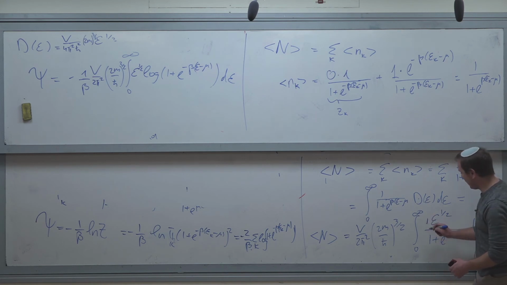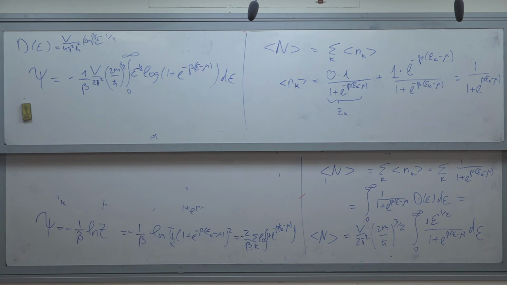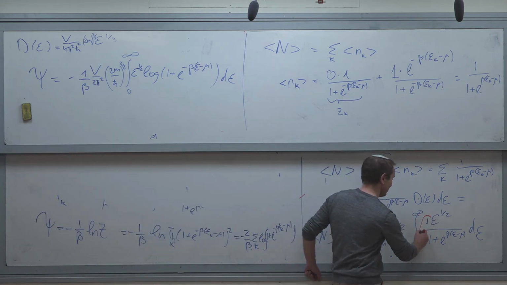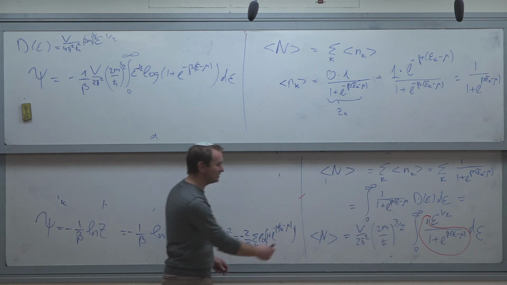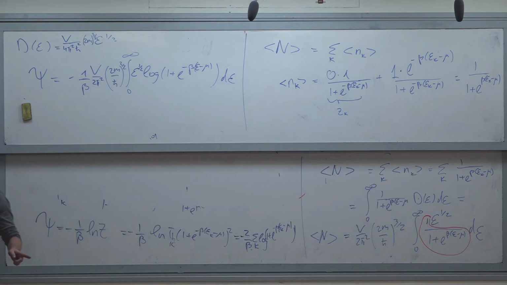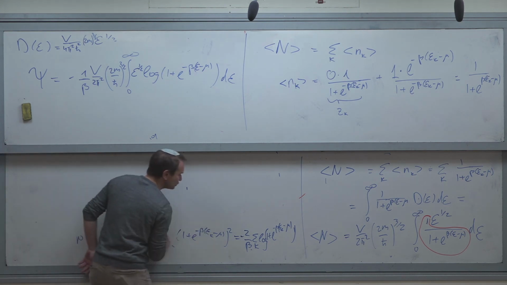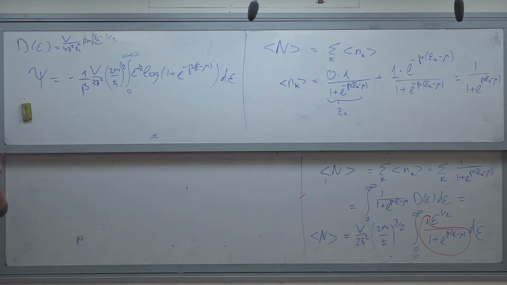We actually have 1 divided by 1 plus e to the power beta (epsilon minus mu). So this is this occupation probability. Do you remember how this guy looks when T goes to 0? It's a step function. Okay?